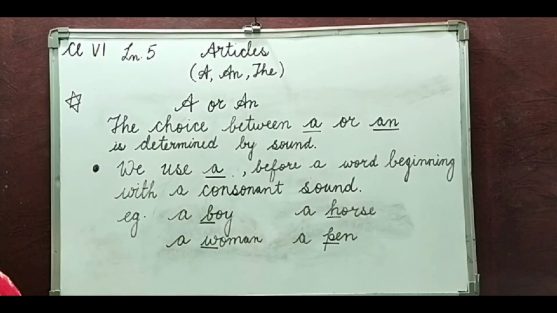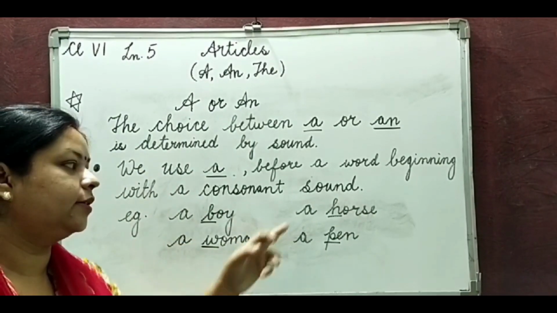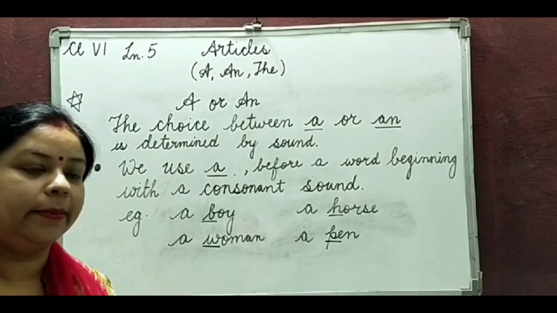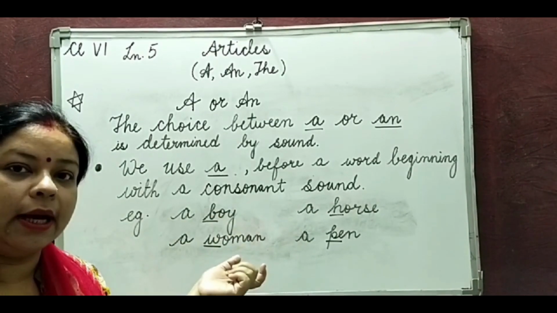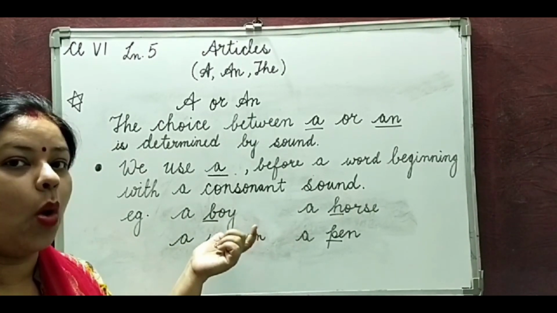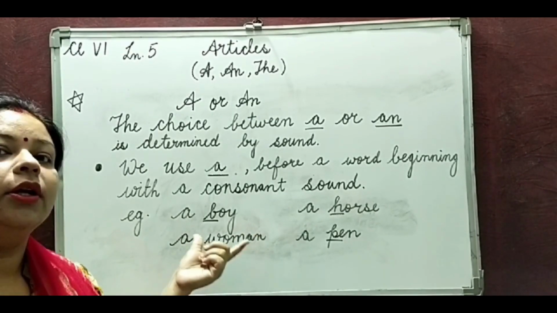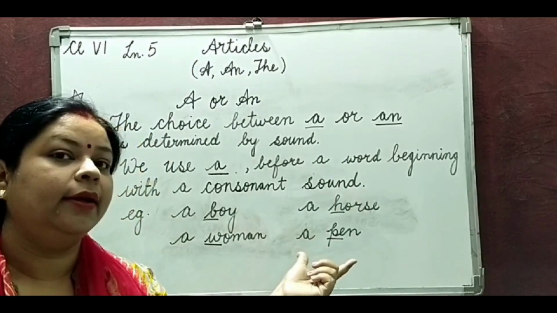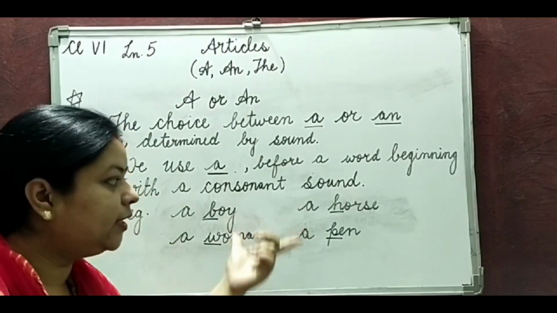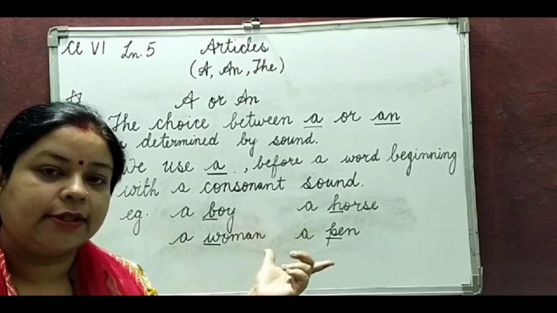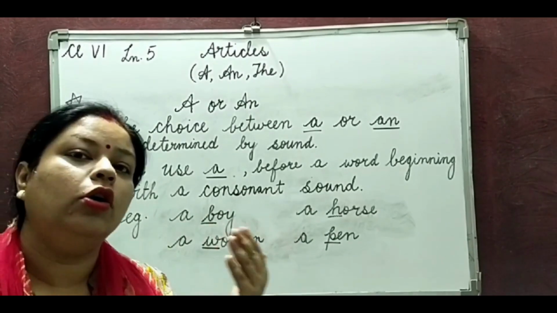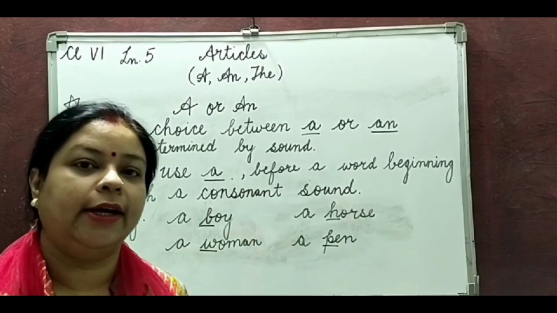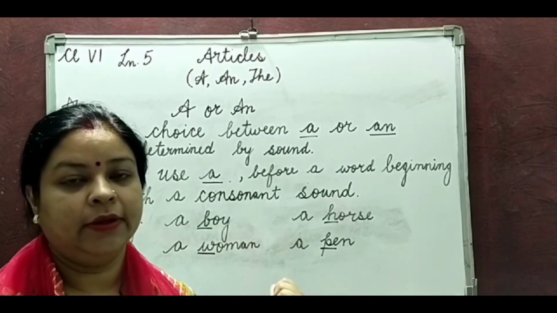Now please pay attention, children, that in all these words, by pronouncing them, the sound simply comes: boy, B; woman, W; horse, H; and pen, P. So all these sounds that come are consonant sounds, and that's why we use a.